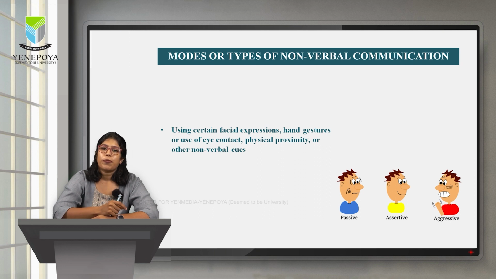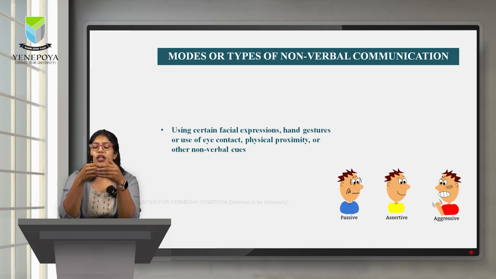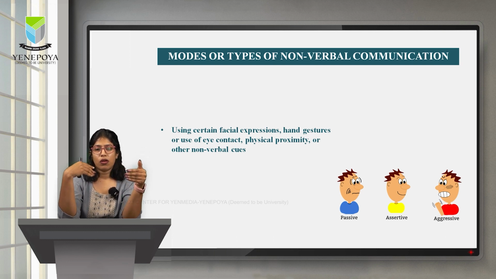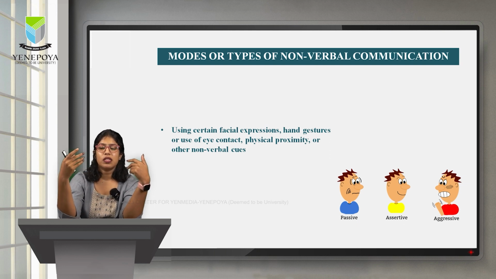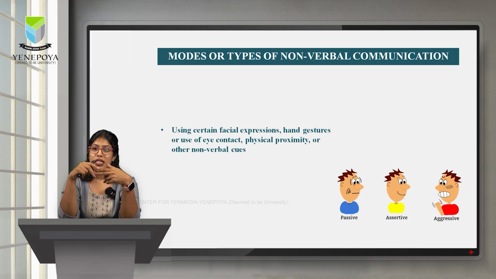Physical proximity. Now we will be learning about physical proximity, but I want you to understand that there are different personal spaces, like I mentioned earlier, that a person uses when they communicate with another person in a nonverbal manner. Alright, so there are 4 different parts. One is your personal space, one is your intimate space.